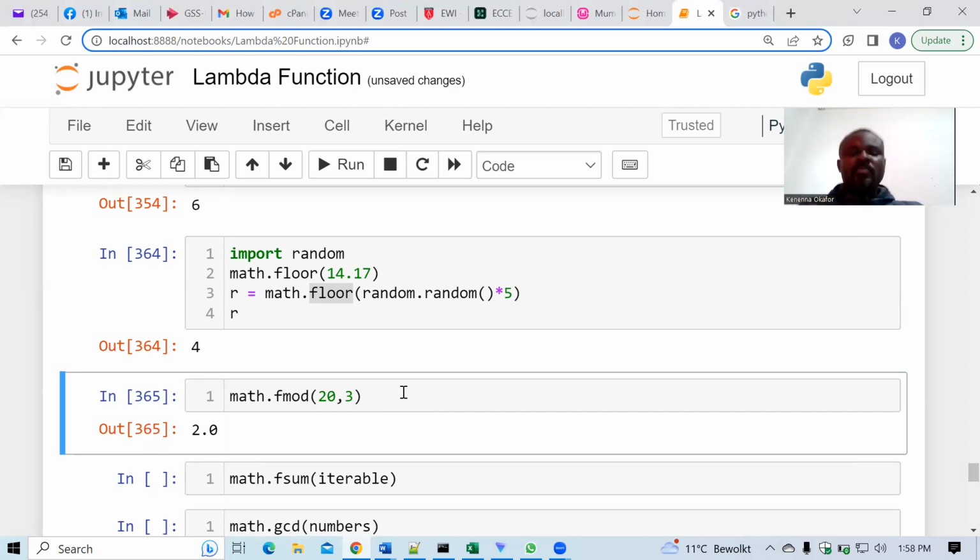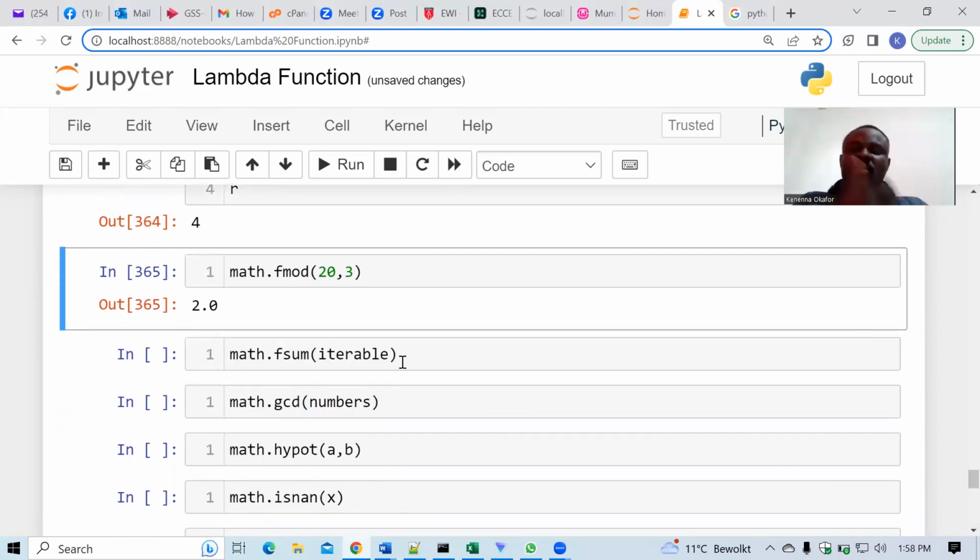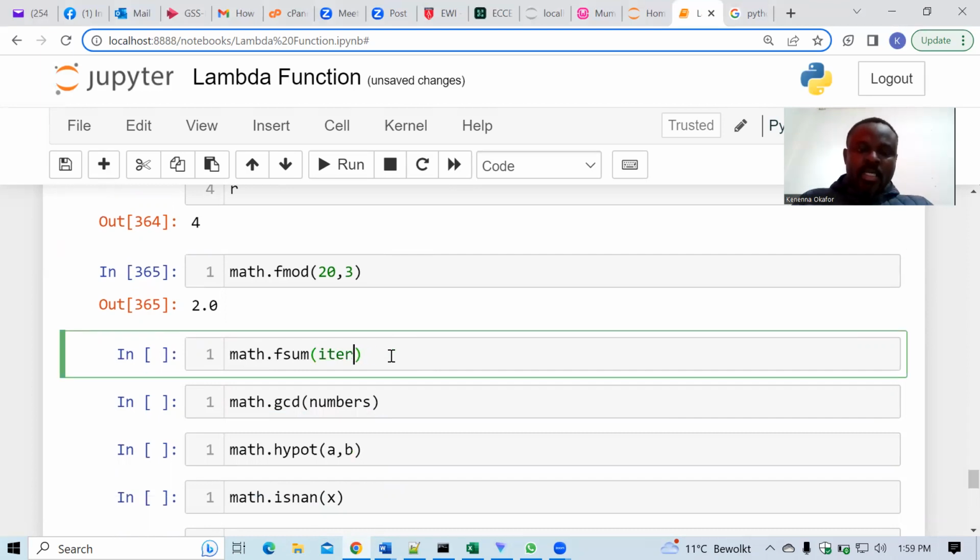2 is the remainder. Now the fsum method simply takes an iterable, adds up all the members of the iterable, and returns the value. So I could have a list of numbers 1, 2, 3, 4, 5, 6, 7. And what will be the sum of all the numbers in the list?